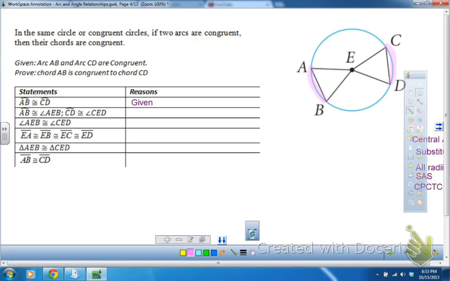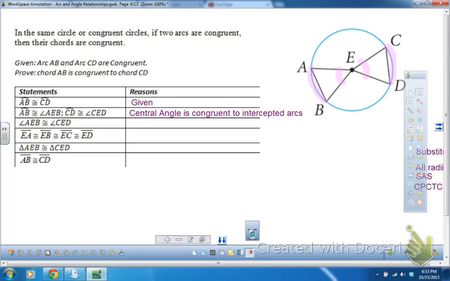Well, if that is the case, then you also know that this angle here and this angle here are congruent, because the central angle is congruent to the intercepted arc.